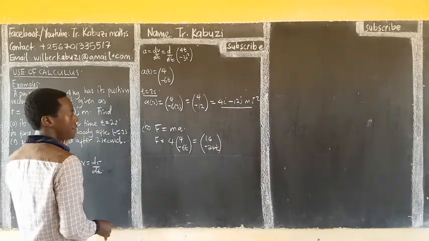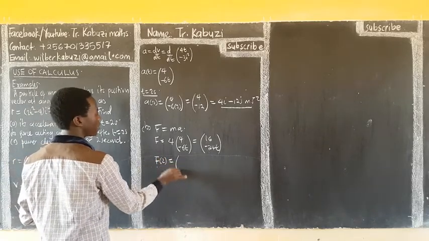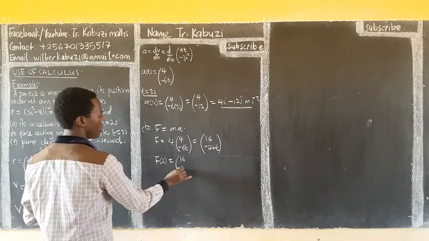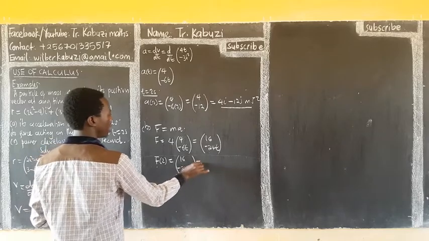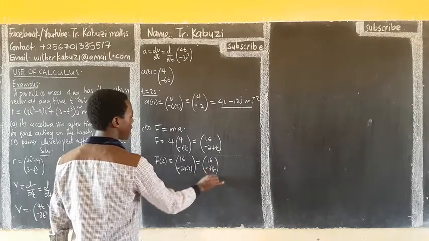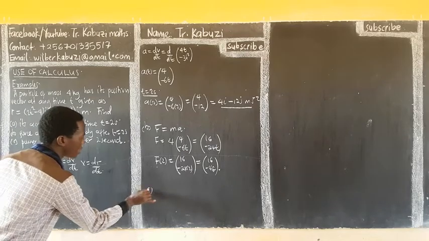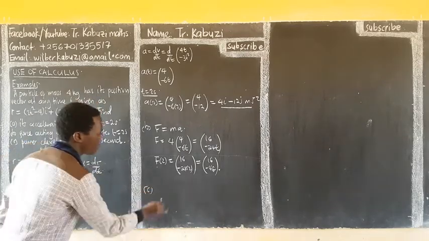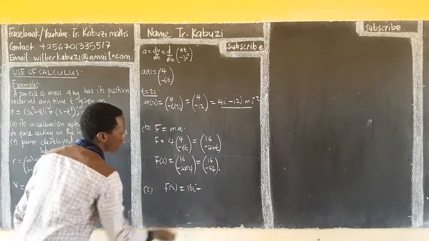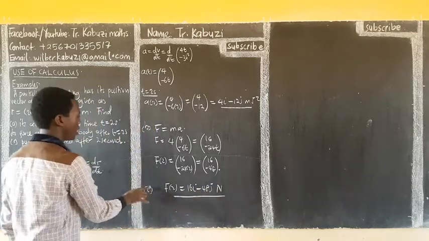When t is 2 seconds, we have 16, then negative 24 into 2, which gives us negative 48. So our force after 2 seconds is 16i minus 48j, measured in newtons.